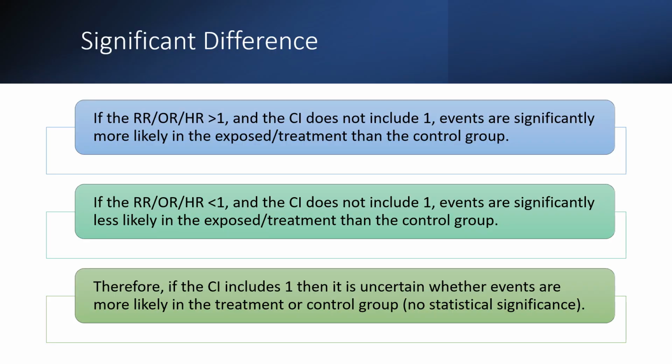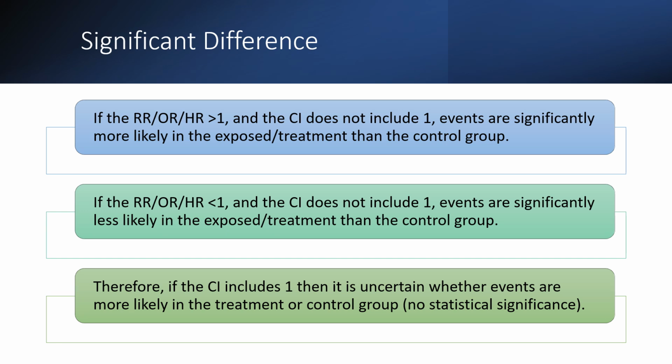Relative risk, odds ratio, and the related concept of hazard ratio are all represented in the same way. If they are more than 1 and the confidence interval of them doesn't include 1, this indicates that events are significantly more likely in the treatment group compared with the control group.